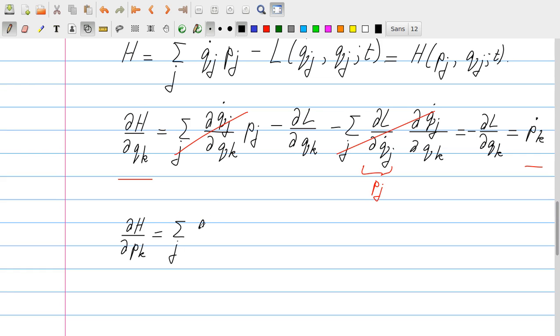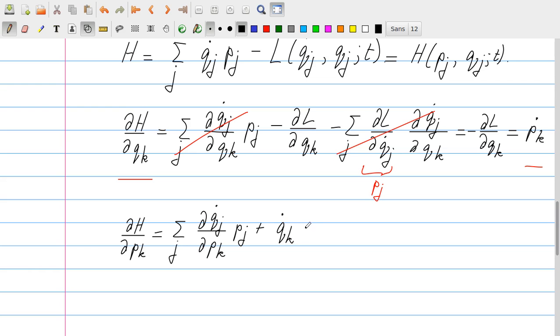We have a ∂q̇j/∂pk multiplied by pj, but there is obviously also a contribution from this pj. So when j hits the value k here, then we have a q̇k.